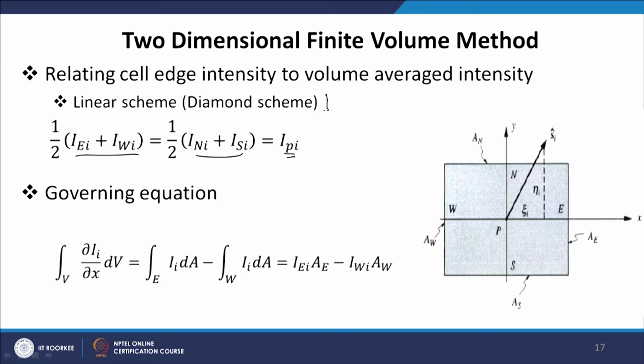Okay. So, our governing equation now has become relatively simplified and we can easily implement this in any finite volume framework. We have to repeat this for all the directions. What we have discussed is in a given direction, but we have to repeat this for all the discrete directions.